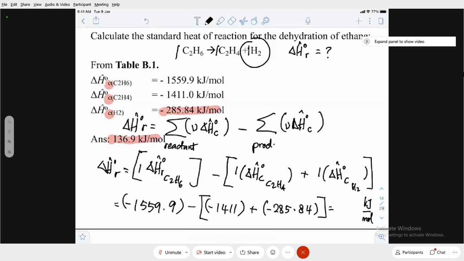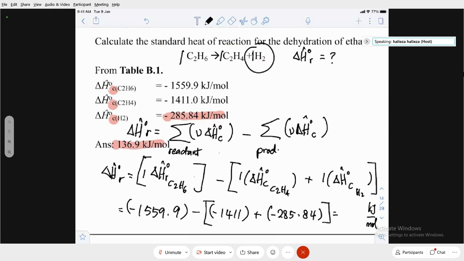Is it 136.9? I have my textbook over here. This is example 9.41. Yes, doctor, thank you. It's positive 136.9, meaning in order for this desired reaction to occur, you need to put in 136.9 kilojoules of heat into the reactor in order for it to react.